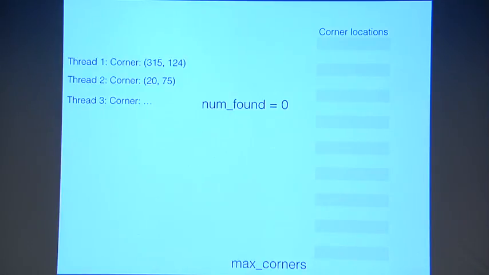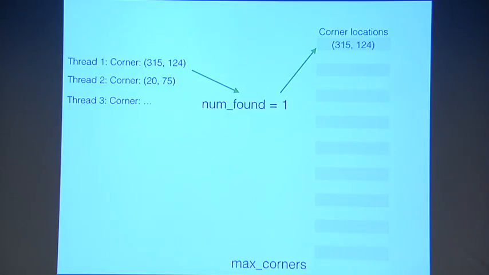The way we're going to solve this is we're going to have a global count. It's going to be stored in global memory. We're going to access it with atomics to make sure that we cooperate, right? There's no way that these can know where to write their data. What we'd like is, some thread comes in and says, how many corners have been found so far? And says, oh, 0.